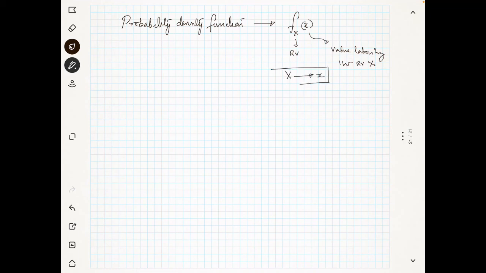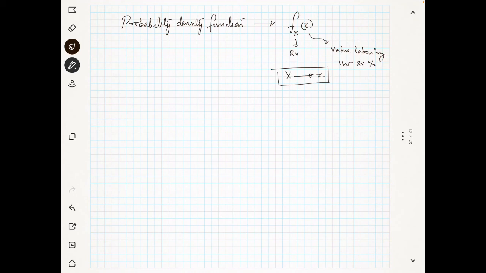It is usually denoted as fx of x, where x is the random variable, and small x is the value taken by the random variable X. We will usually be using this representation.